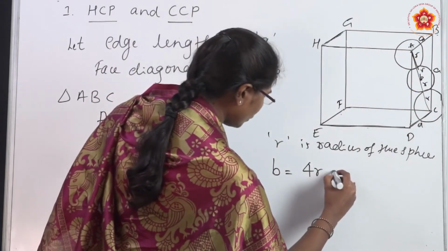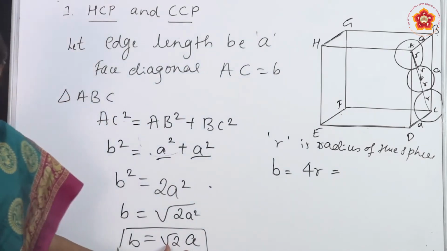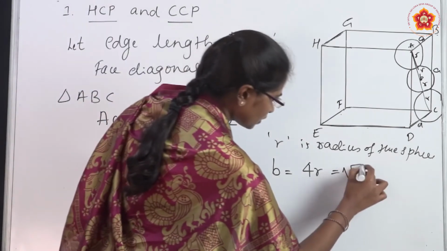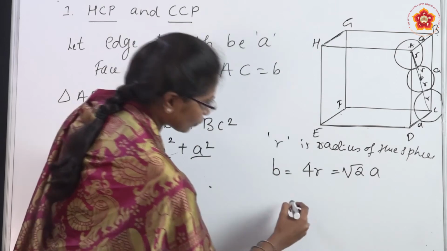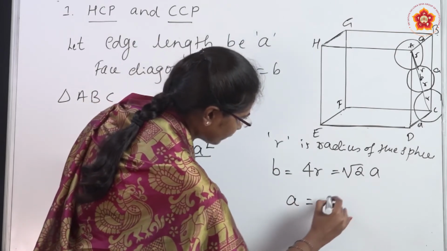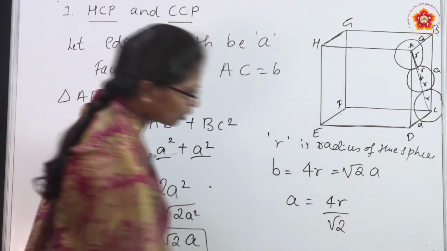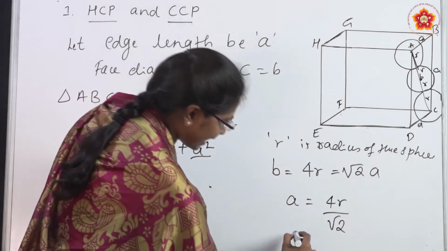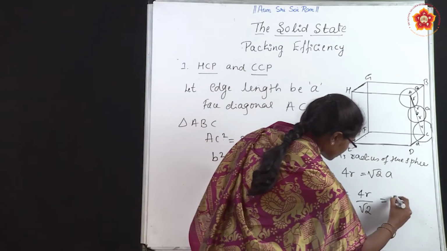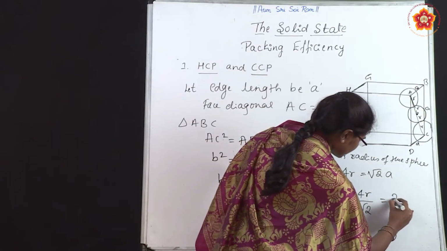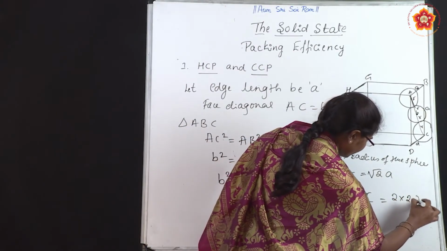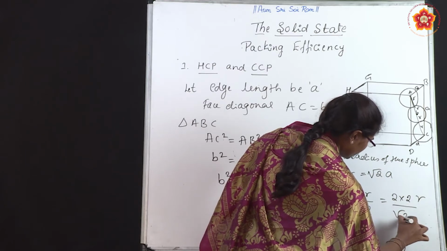So what is the B value here? Root 2a. So what will you write now? A is equal to 4 r divided by root 2. So we can write 4 as 2 into 2 r divided by root 2.